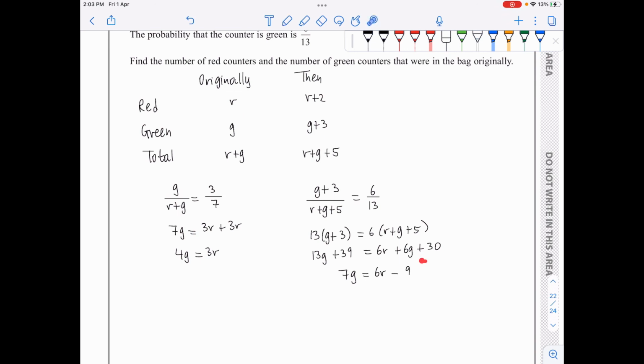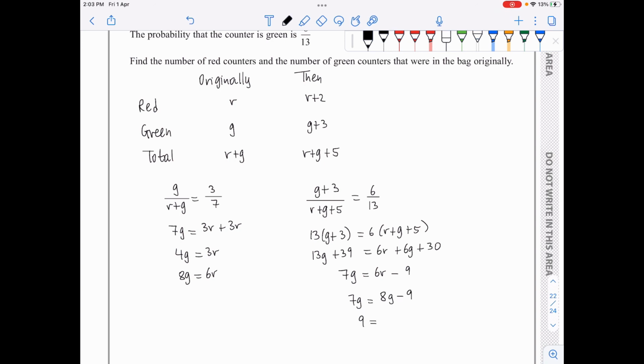Now these are my two equations. It makes sense to multiply everything here by 2 to give me 8G is 6R, because I'm going to revisit this one here. In the place of 6R, I'm going to put 8G. So 7G is 8G minus 9.